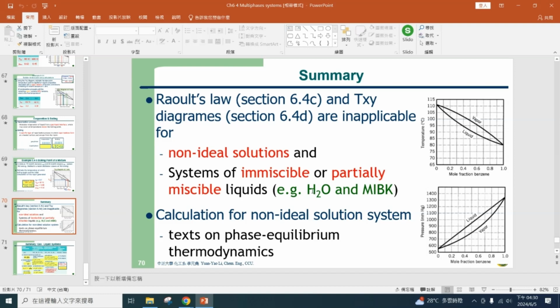For example, water and MIBK is not 100% miscible, right? It's partially immiscible. So you cannot use this graph for this binary system. And the example we gave you is benzene and toluene, right?